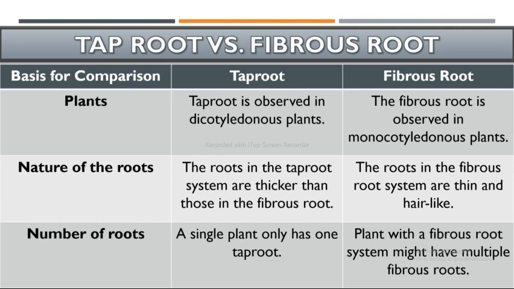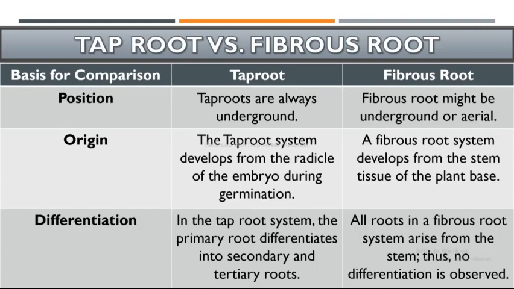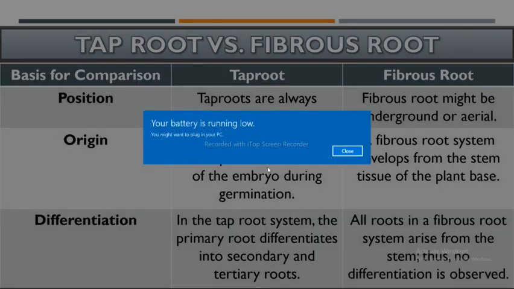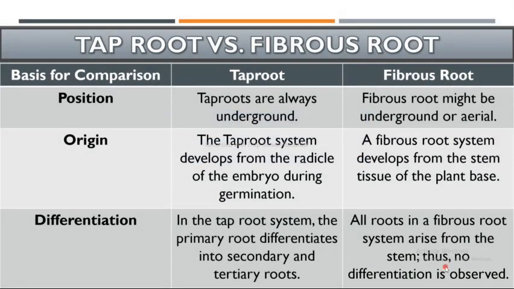Next basis for the comparison is number of roots. A single plant only has one taproot, whereas plants with a fibrous root system might have multiple fibrous roots. Next basis for the comparison is position. Taproots are always underground, whereas fibrous roots might be underground or aerial.